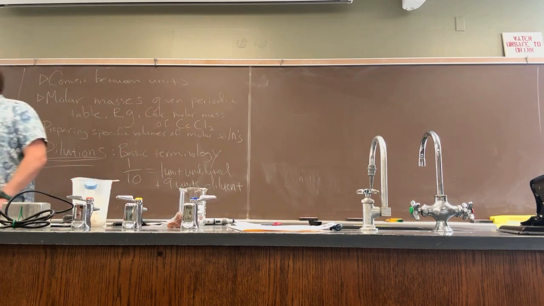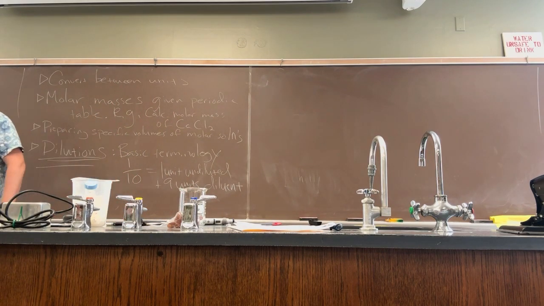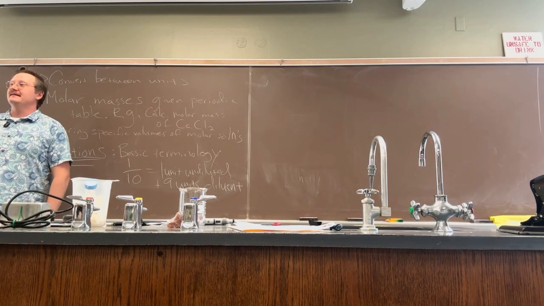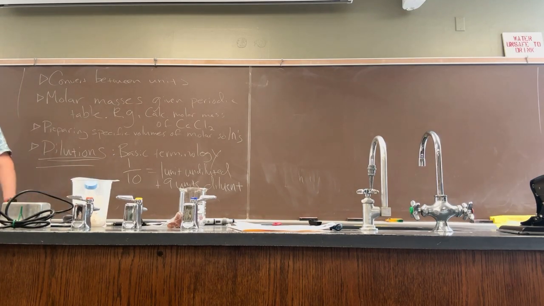So you need to know, if you took 10 milliliters of a solution and added it to 90 milliliters of water, how much did you just dilute that? And it's like, you did a 1/10 dilution.